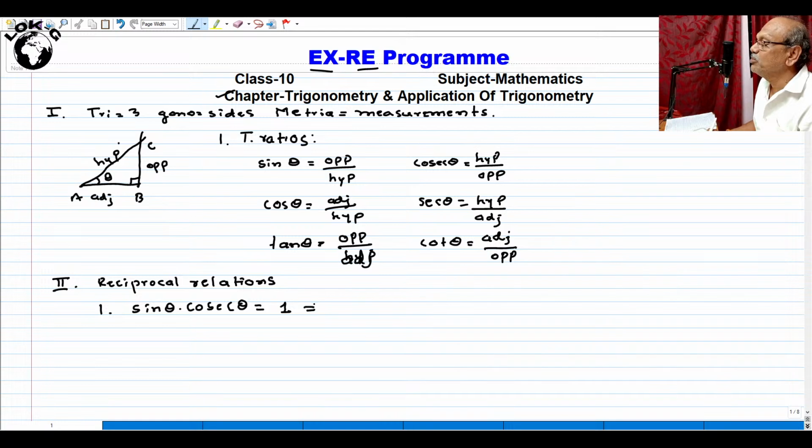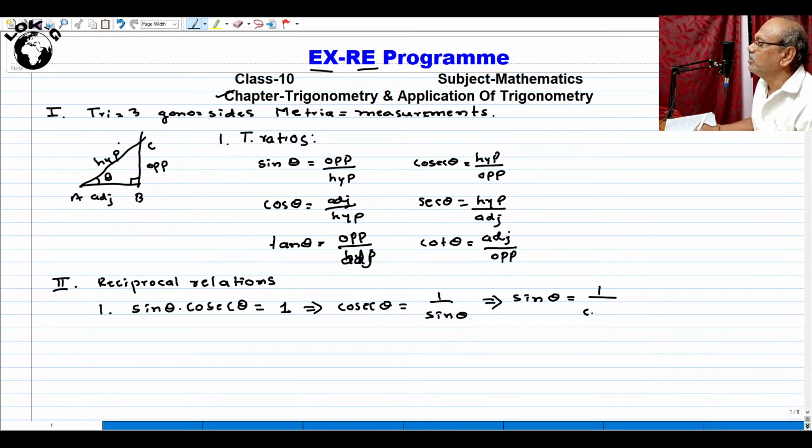The same can also be written as cosec theta is equal to 1 upon sine theta. If you take sine theta to the left and cosec theta to the right, then sine theta is equal to 1 upon cosec theta. These are called reciprocal relations.